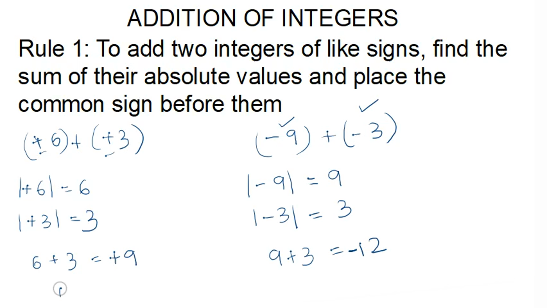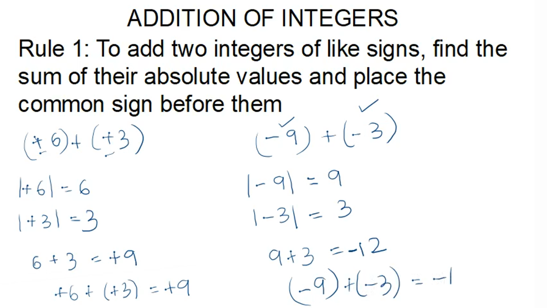Here you can see plus 6 plus 3 is equal to plus 9, and minus 9 plus minus 3 is equal to minus 12. So it's very simple. If you have two integers of the same sign and they ask you to find the sum, what are we supposed to do?